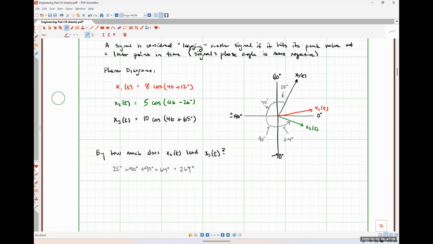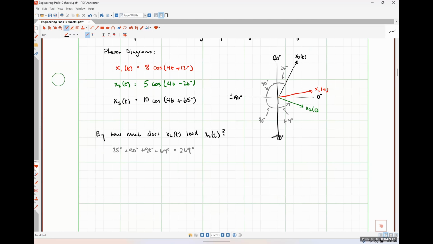So let's do another question. Trevor, pick X1, X2, or X3. X3. Okay. Mason, pick X1 or X2. X1. So if we want to find out by how much X3 lags X1, we would start measuring from X1.